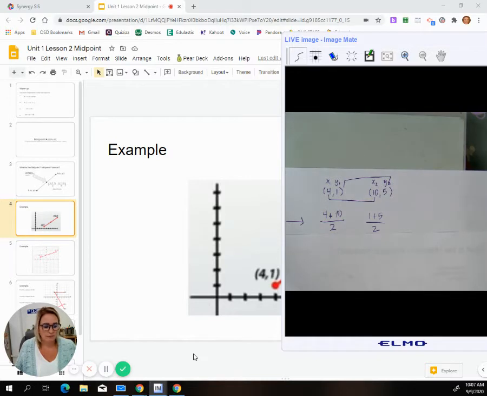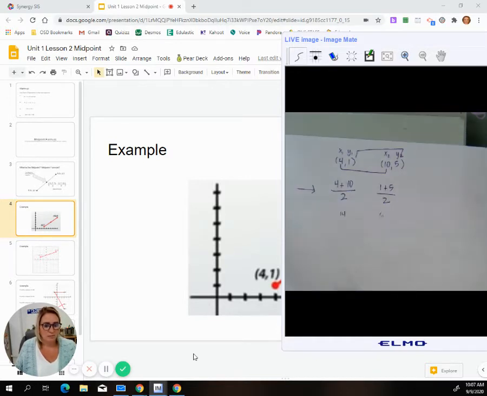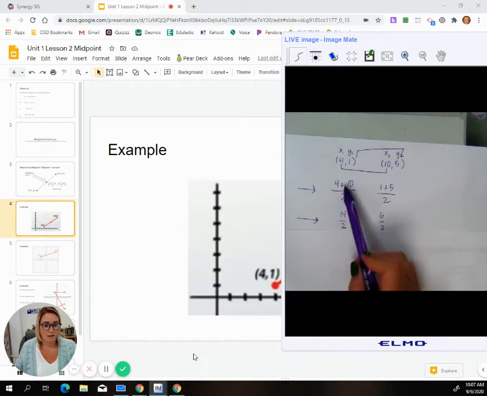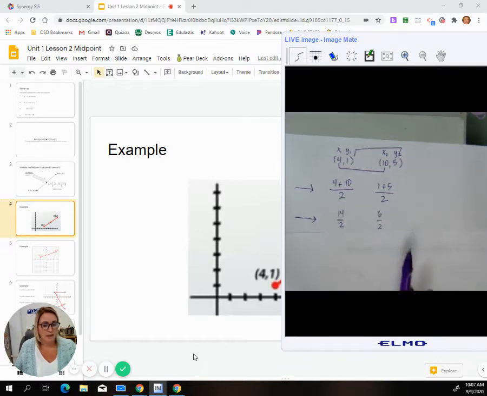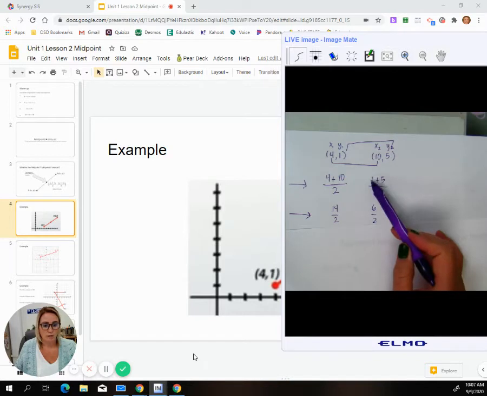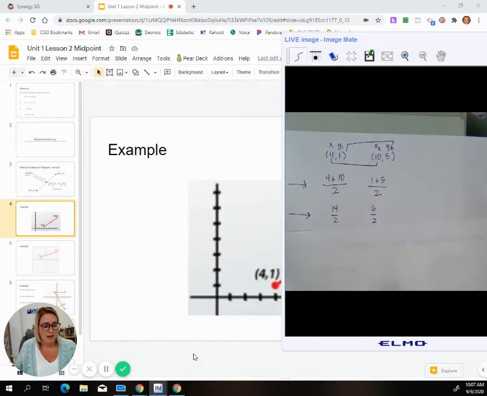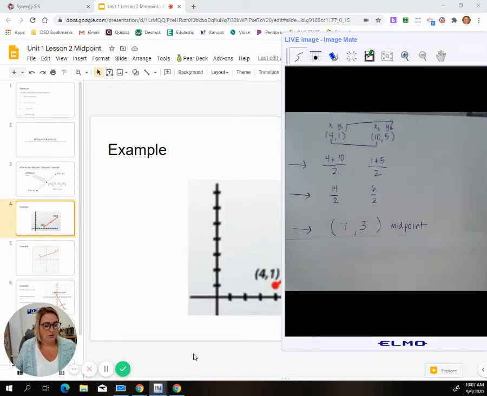And now we simplify. So the next step would be to turn it into 14 over 2 because 10 plus 4 is 14, and 6 over 2 because 1 plus 5 is 6. And now we have found our midpoint, which is (7, 3), and recognize that we have a coordinate point, an x value and a y value.